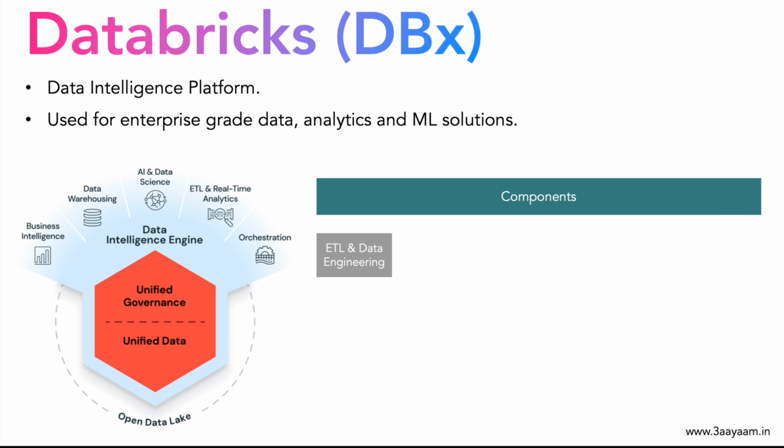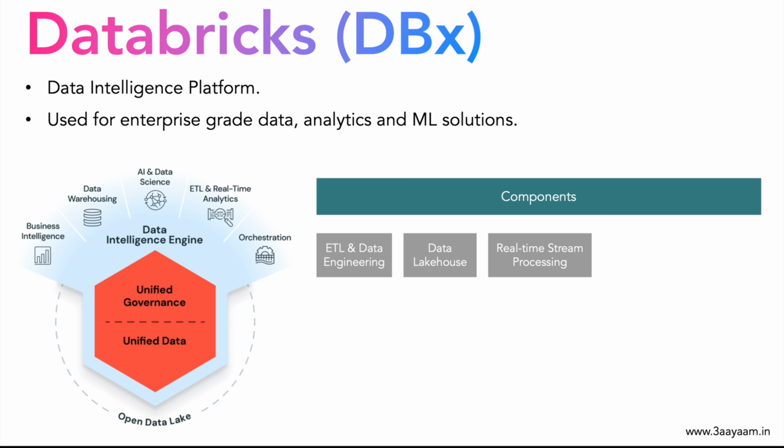The first and the most important component would be ETL and data engineering, because this is where Databricks started. It started with data engineering and the ETL solution, then it moved into other solutions also. Then it provides a data lakehouse solution using something called Delta Lake, and we'll talk about what lakehouse is. It also provides real-time stream processing.